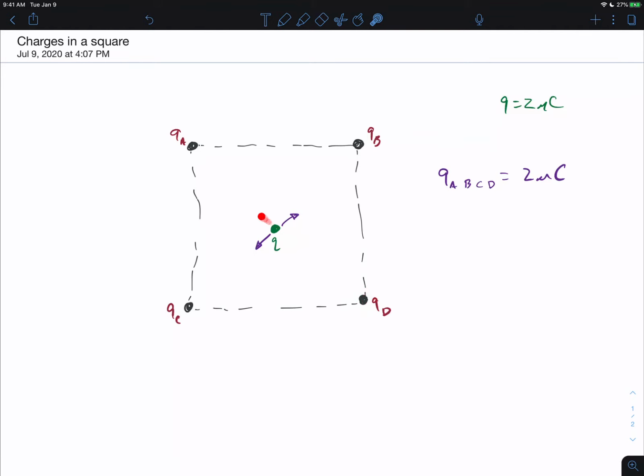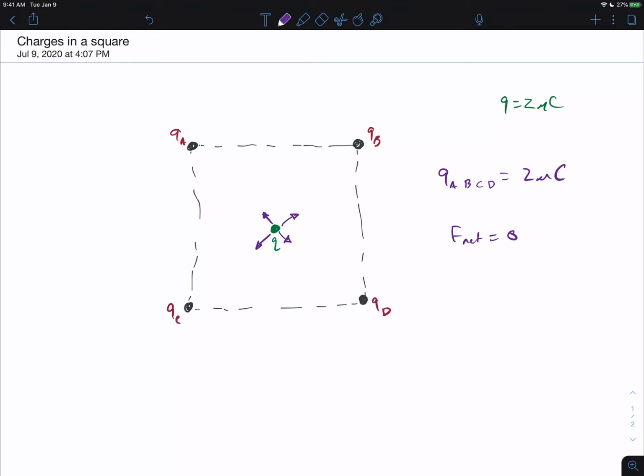D is also pushing on it, so it'll be pushed to the upper left corner, and then A is also pushing, so it'll be pushed towards D. All of these should cancel out because they are the same distance from the center, and they are the same magnitude, right? So this part is easy. We can see that just by doing this, my net force should be 0, right?